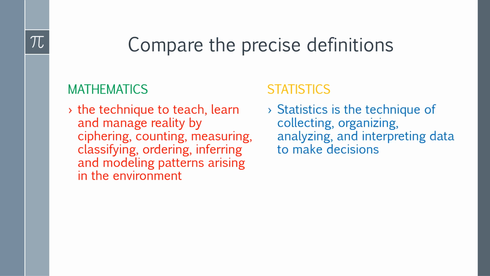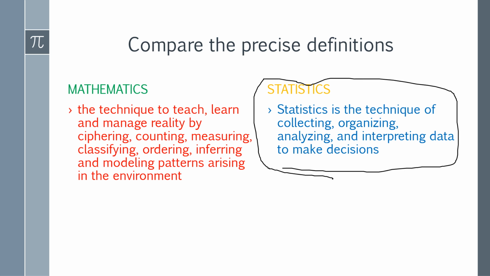Again, these are precise definitions, so let me make this clear. These both are precise definitions. In the previous example, we talked about a statistic. This is the precise definition of mathematics and the precise definition of statistics, which is the technique of collecting, organizing, analyzing, and interpreting data to make decisions. We do that. You guys should know how you satisfy this definition. You use statistics every single day, you know.